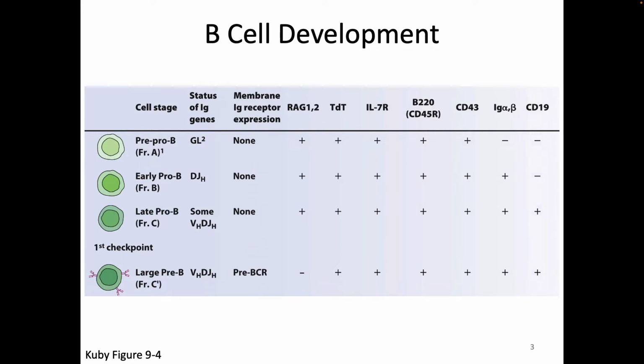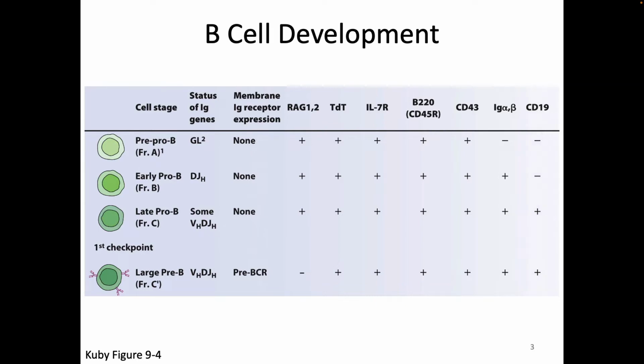The name of surrogate light chain is lambda 5 or V pre-B. Actually, both of those together are the surrogate light chain. And we got to the immature B cell, which has an actual BCR on its surface once we have finished making our light chain.